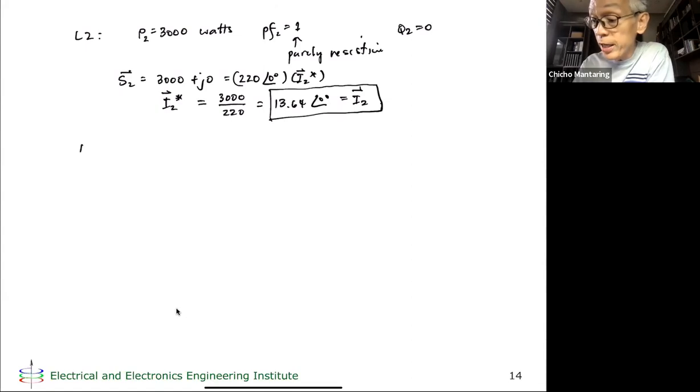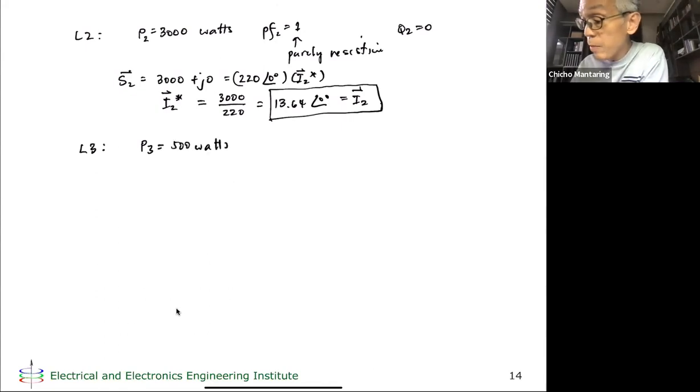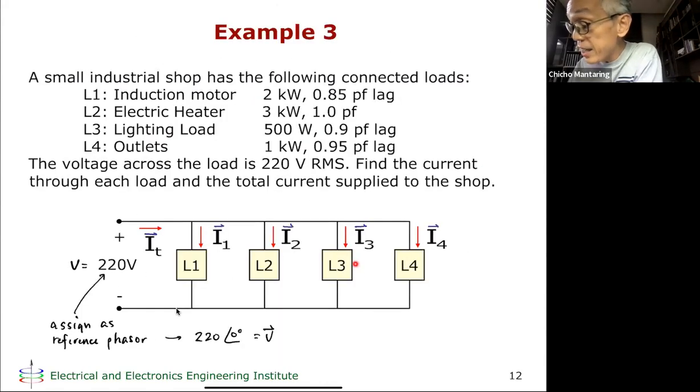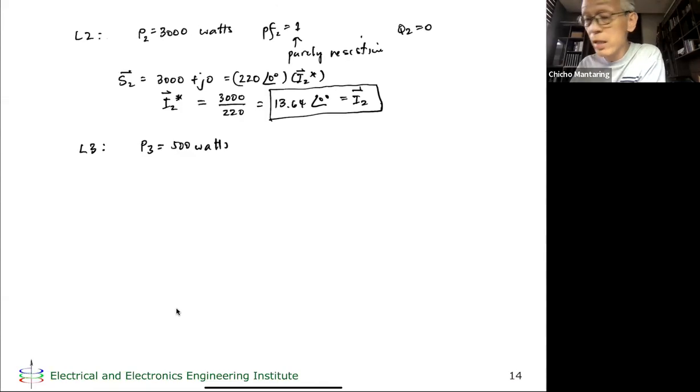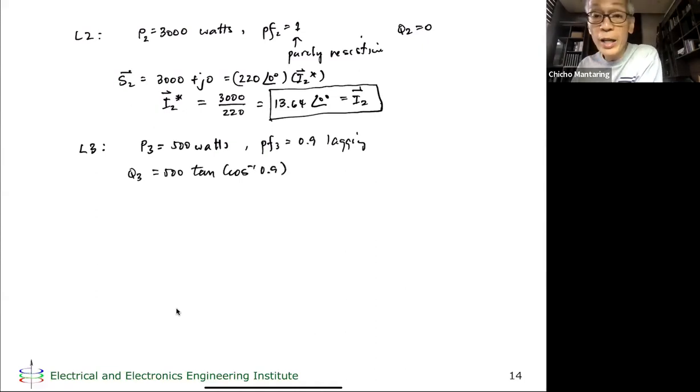Okay, let's consider load 3. P3 is equal to 500 watts. What is load 3? These are your lighting. Your power factor 3 is equal to 0.9, still lagging. Again, we use the same method. Q3 is equal to 500 tangent of arc cosine of 0.9. You'll get used to this formula soon. So this is 242 vars.